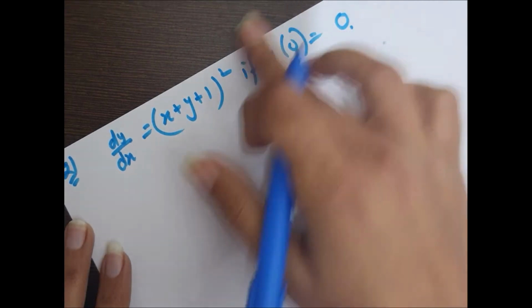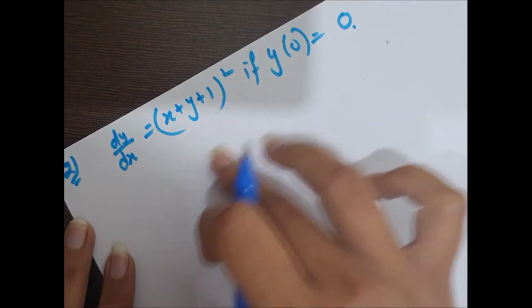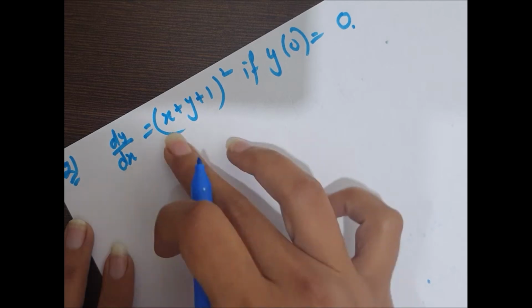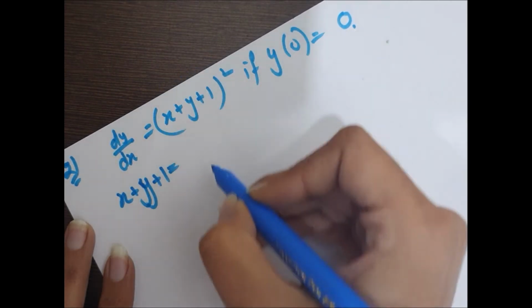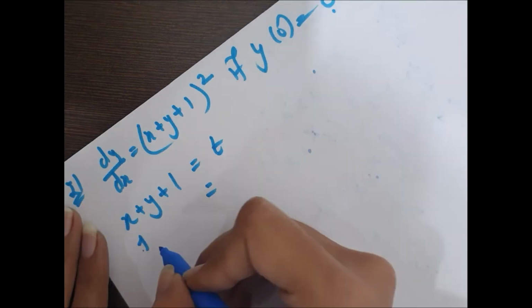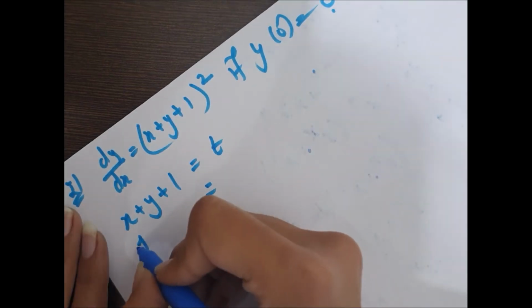Now another example. Now solve this, then I'll let you know what it is. For this it would be difficult to take x terms to one side and y terms to the other side. We will take this term to be another variable, that is t. Now differentiate it with respect to x.